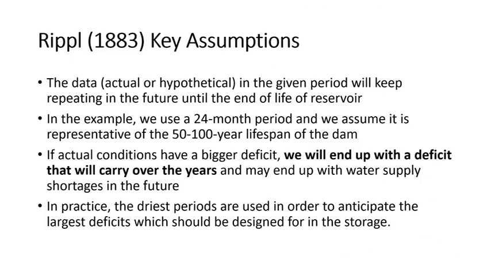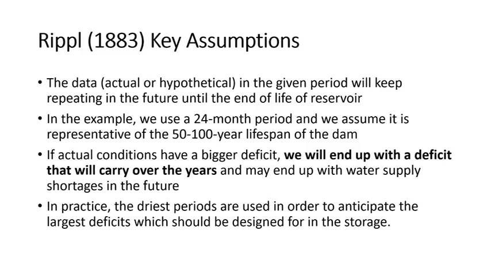All right. Let's talk about the important assumptions of the Rippl method. First is that the data, be it actual or projected data, in the given period will keep repeating in the future until the end of life of the reservoir.